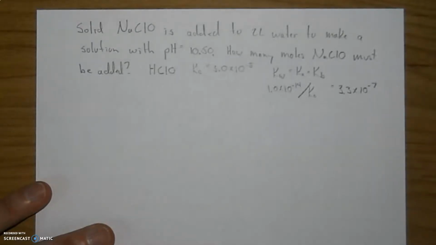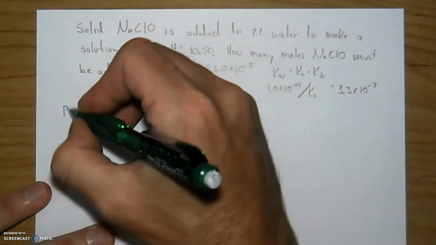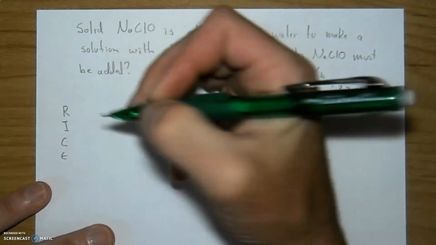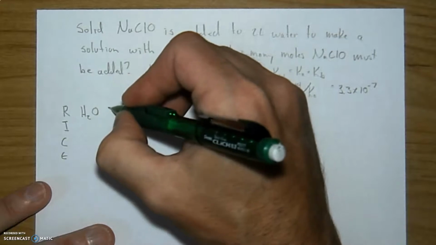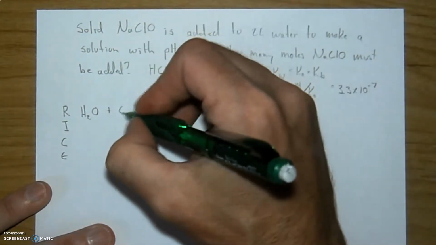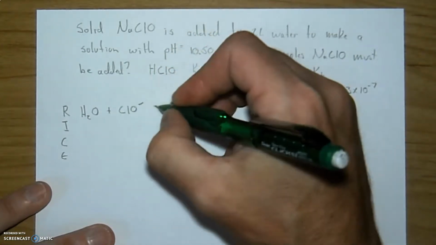All right, so let's set up a problem just like we were doing before. I'm going to mix things up a little bit here compared to how we did in the previous problem. I'm going to say you've got some water, and we have the sodium, which I'm just going to ignore because it doesn't do anything. The hypochlorite ion.